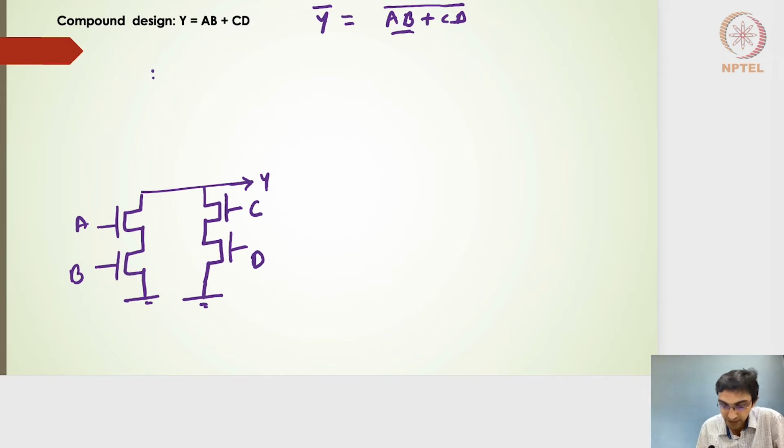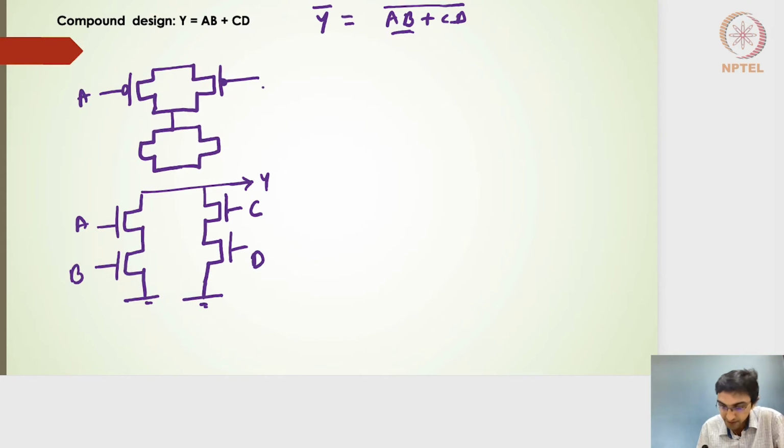So I'm going to draw 2 parallel transistors, connect them together, and then similarly one more pair of parallel transistors, right? So this becomes my AB and this becomes my CD. And then this will get connected to the output and this will get connected to VDD.